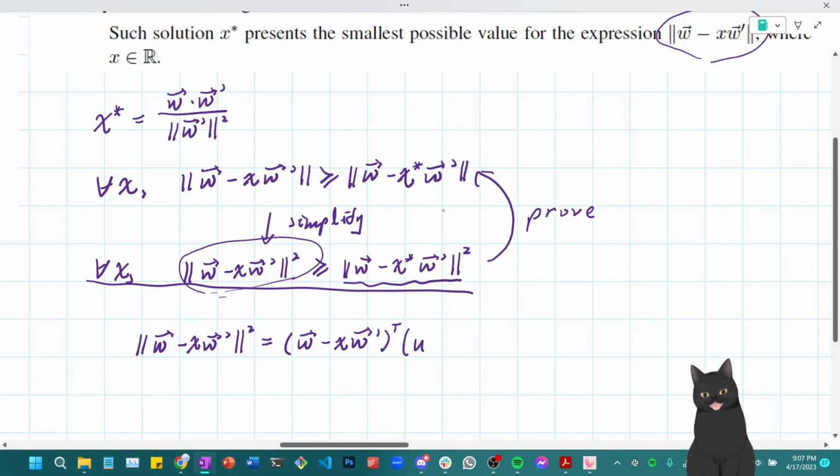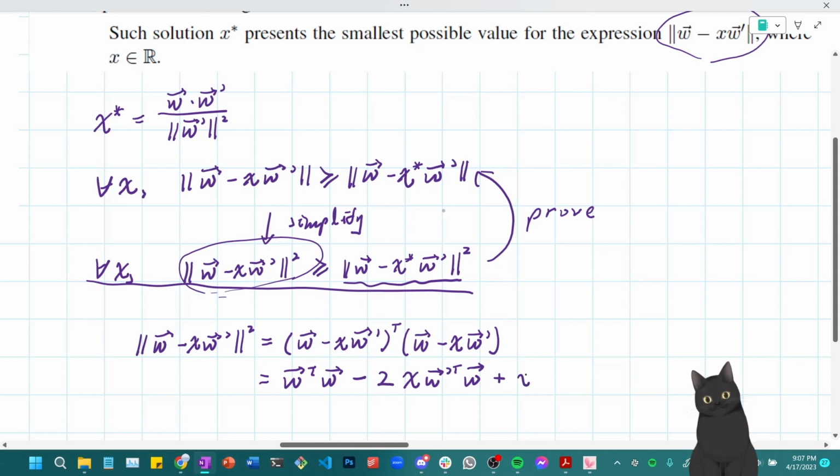So I'm going to write it like that, and expand this equation such that it is equal to w transpose w minus x times w transpose w. Actually, it turns out that we have two of these terms, plus x squared w prime transpose w prime.